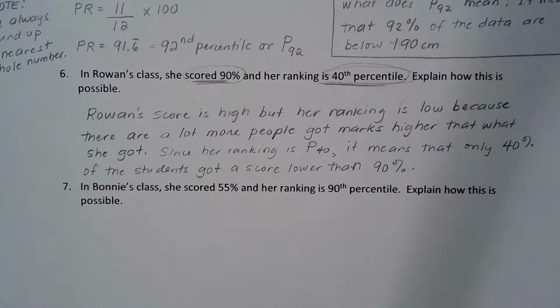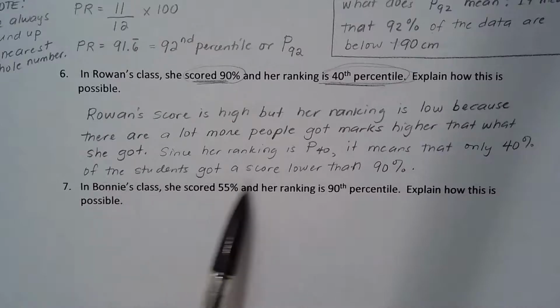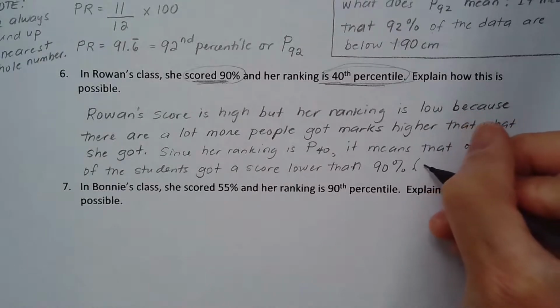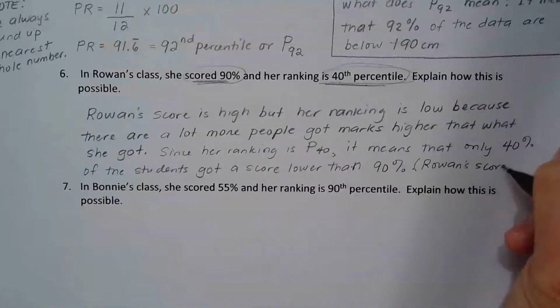Okay, so it means that only 40% of students got a score lower than 90%, which is Rowan's score.